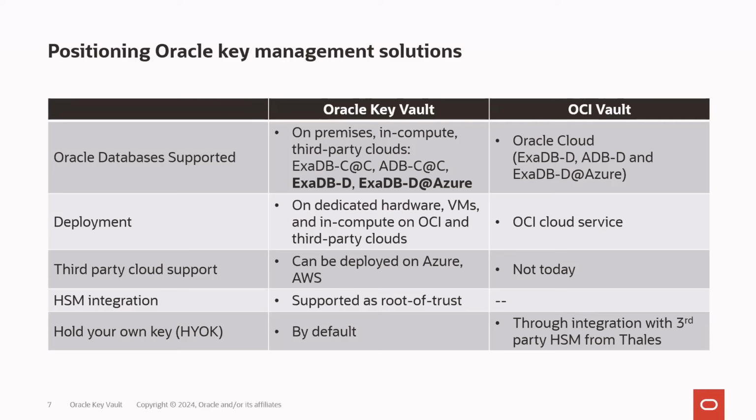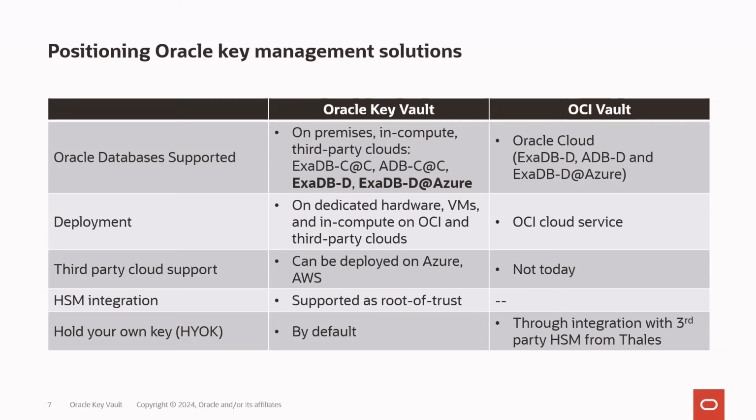And when you provision a new Cloud@Customer database, it could be ExaDB or autonomous, if you create a new Cloud@Customer PDB, there is a screen that talks about key management, and there you can click a button, and then this database will be automatically onboarded into your on-premise OKV cluster.